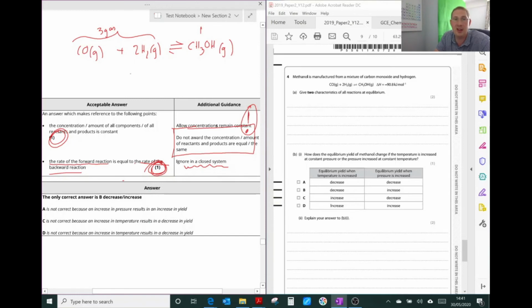So if we increase pressure, the equilibrium will want to move to decrease the pressure. It will move to the right, so more methanol.